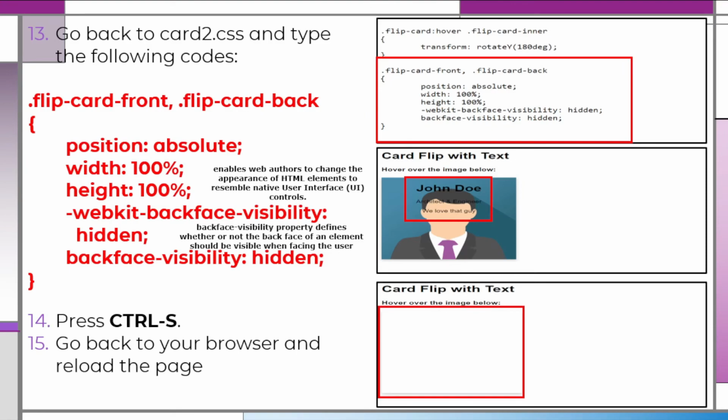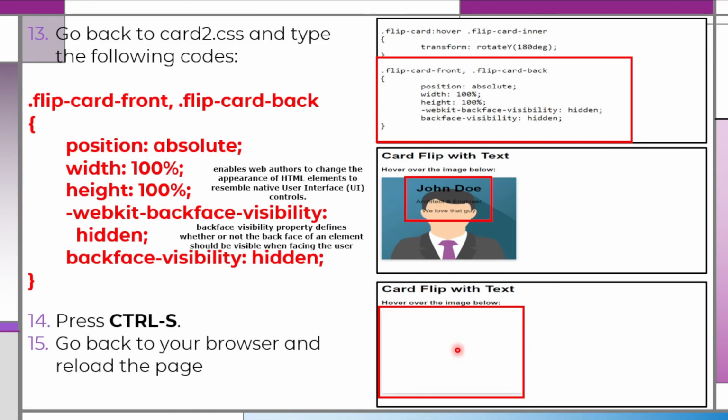Okay, so this is what you will see when you hover your mouse over the text. So what happened now is the visibility was hidden. Remember the flip card back? Okay, we hid that back card, and then also the backface visibility was also hidden. So the whole card, when we flipped it, was hidden.